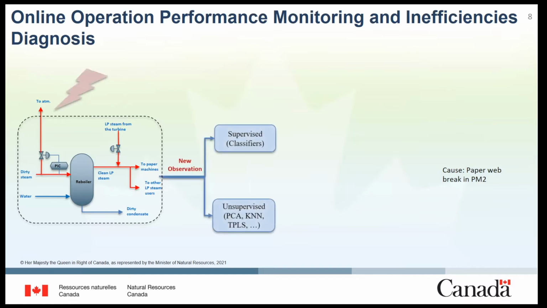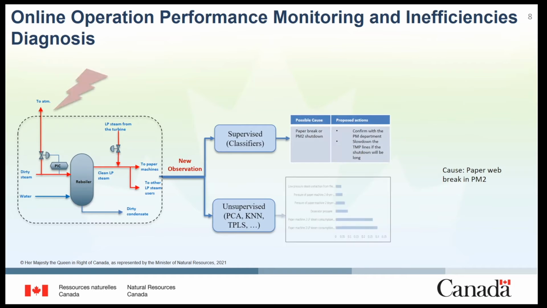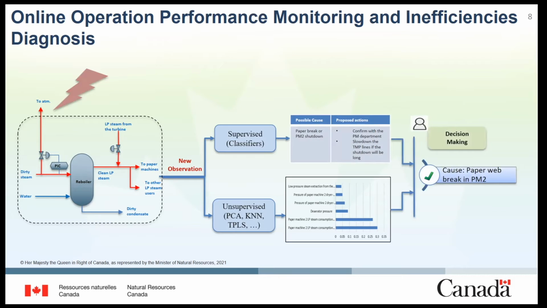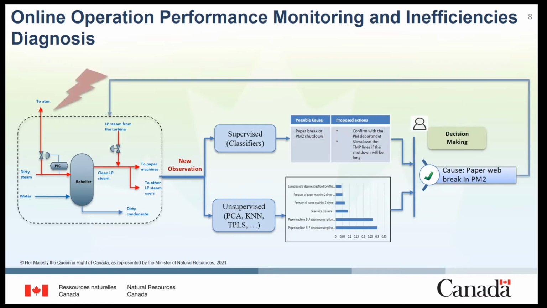When there is an opening of the vent valve, the classification algorithm and the unsupervised model receive the online data. The classification model can show the possible cause and also the proposed actions, and the unsupervised model will show the contributing variables to this situation. Then the decision maker, meaning the operator, can compare the two outputs and decide what action to take.